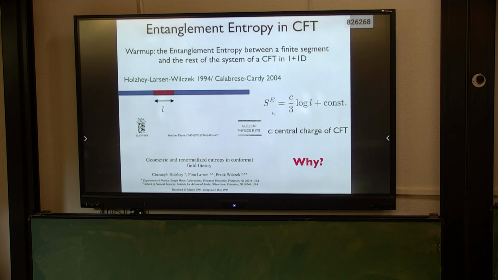And the result is this famous formula, central charge c over 3 times log of the length of this finite segment. And of course, I knew this, and I read this Calabrese-Cardy paper many, many times. But I have to confess that somehow I didn't really understand this by heart. And often students came to ask me, oh, Professor, I found this formula, but how do I derive this formula?